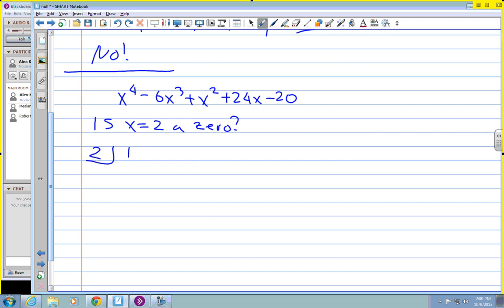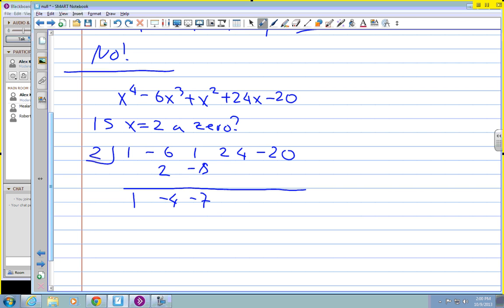I don't know if that's going to work. So the coefficients are 1, negative 6, 1, 24, negative 20. So do that one really fast. So 1, 2, negative 4, negative 8, negative 7.